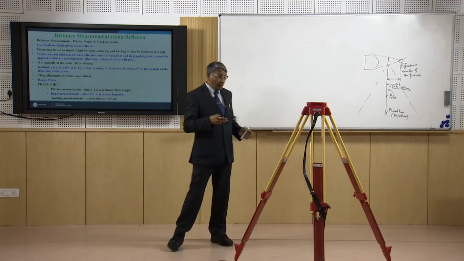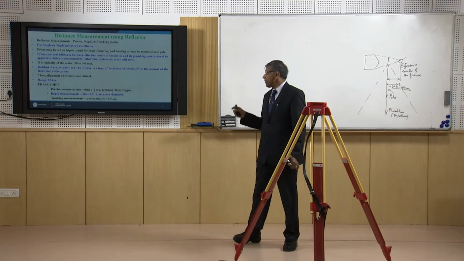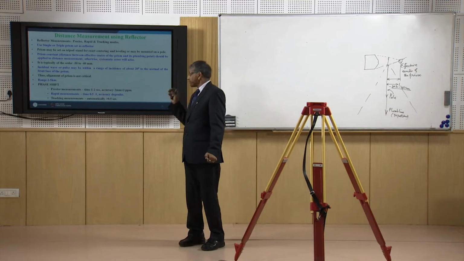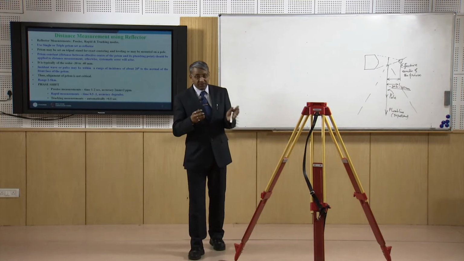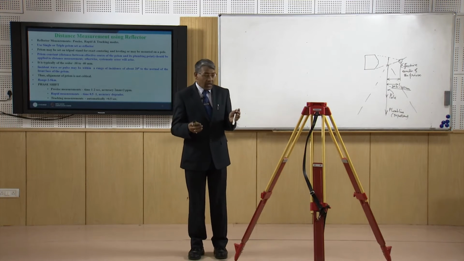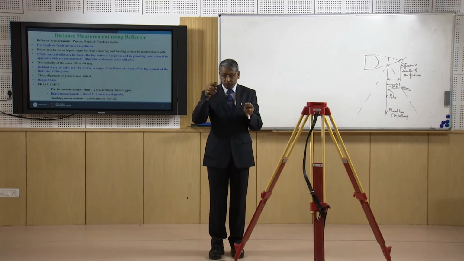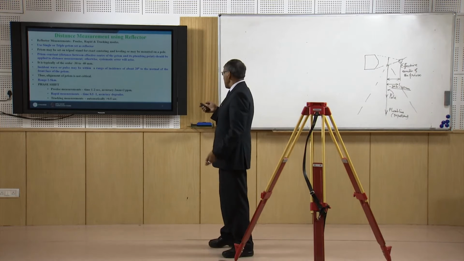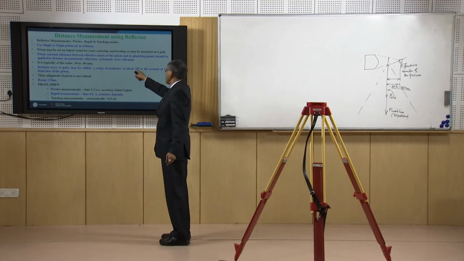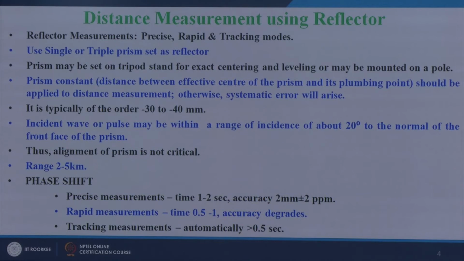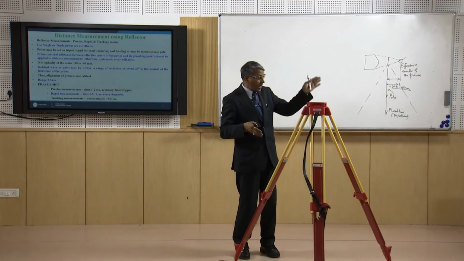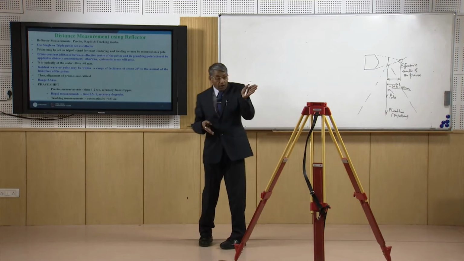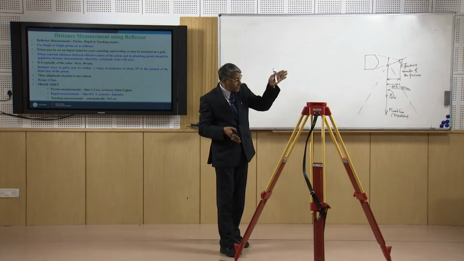Now, one more important thing whenever we use the prism as a reflector: if the line of incident or reflected light comes within 20 degrees to the normal of the front face of the prism, our work will be done nicely. So, we should not be very critical about the positioning or the face of the prism.